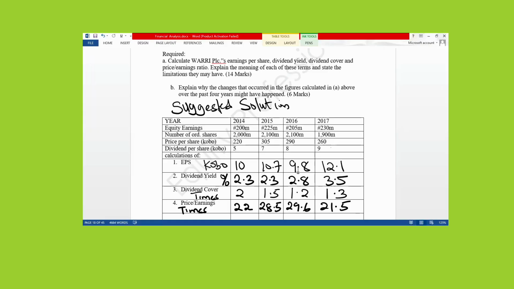Look at the reasons. Equity earnings has reduced. The number of ordinary shares remains unchanged. Automatically, earnings per share will fall. The company's profits reduced in 2016.